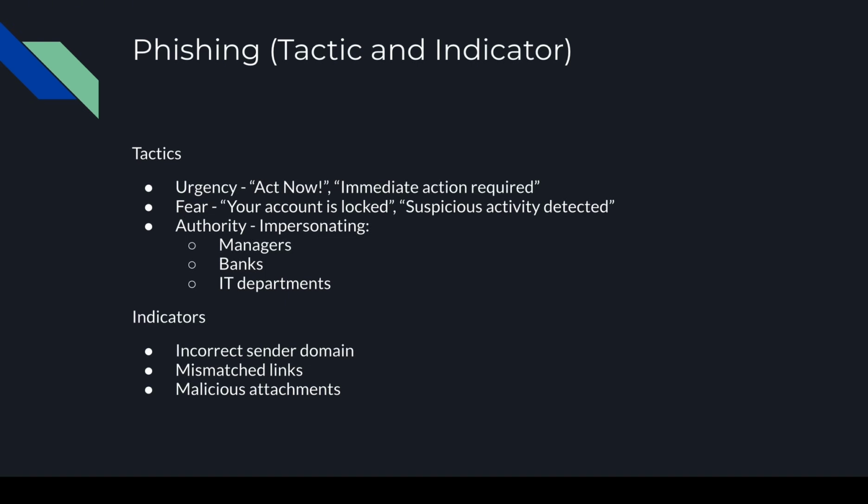For example, poor grammar or spelling can sometimes happen, but it does raise suspicion. Generic greetings like dear customer, or unusual requests like buying gift cards, sharing passwords, or sending personal information. Legitimate emails can have typos, but most of the time it also raises your eyebrow a little bit.